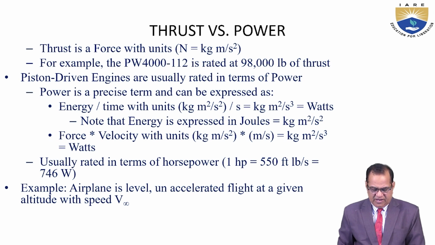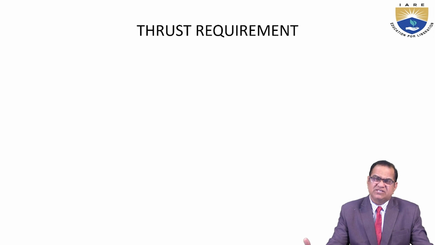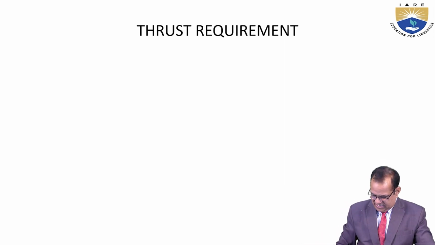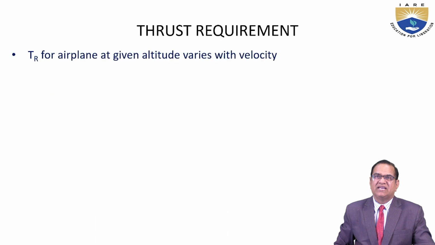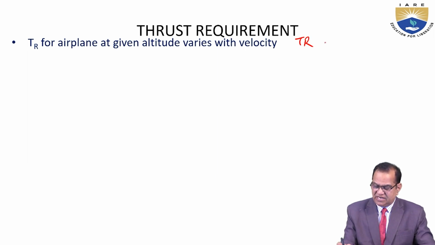Example: airplane in level unaccelerated flight at a given altitude with speed of V infinity. Now thrust requirement. We have already discussed this in detail in the previous lecture, but we will give some glimpse of this thrust required. TR for an airplane at a given altitude varies with the velocity.